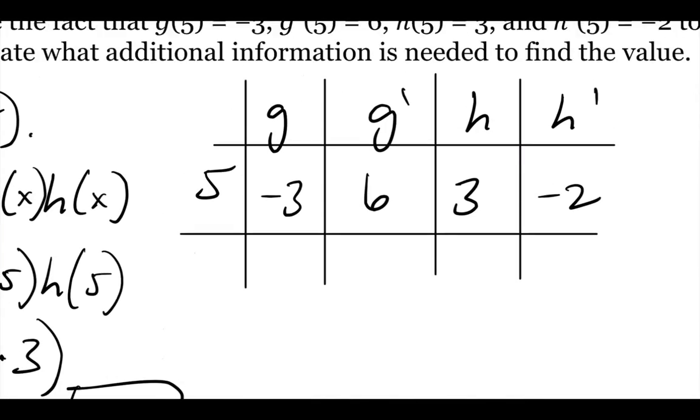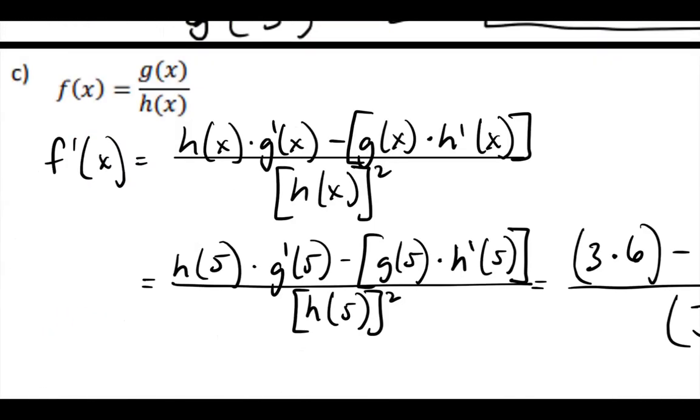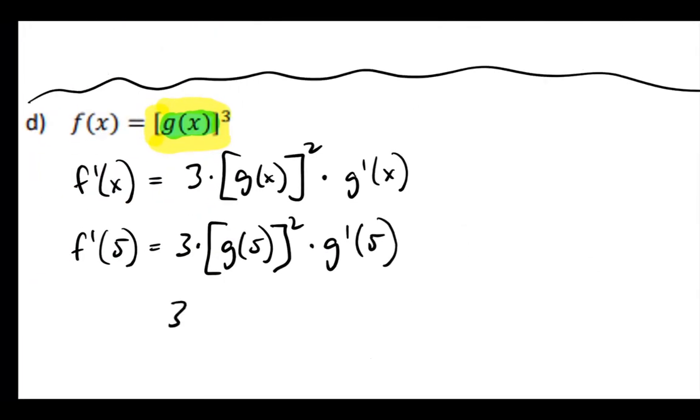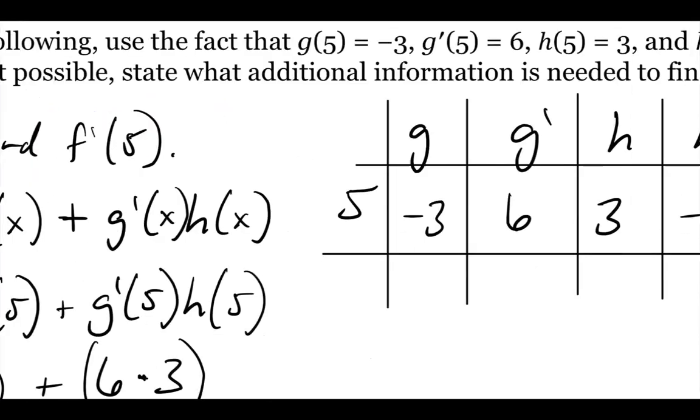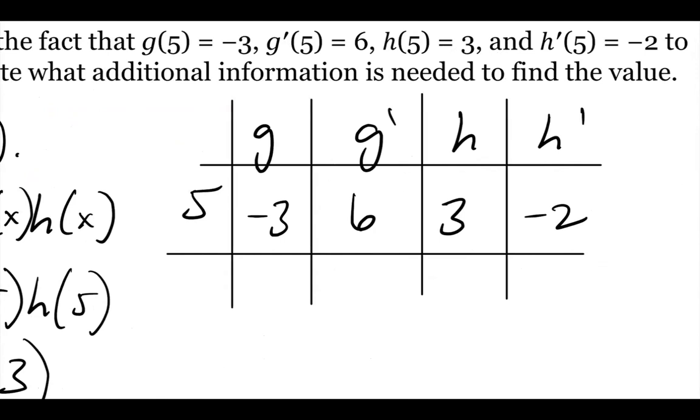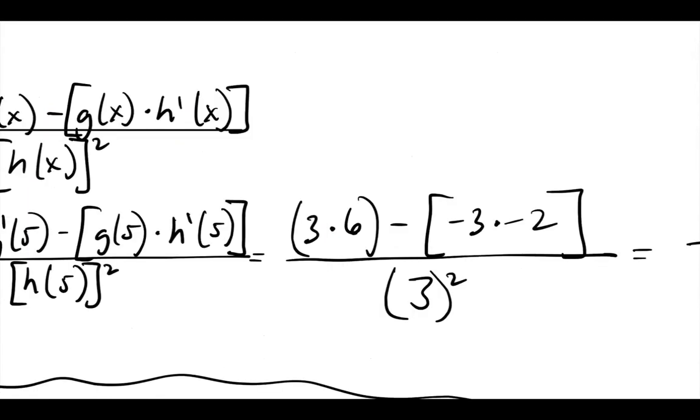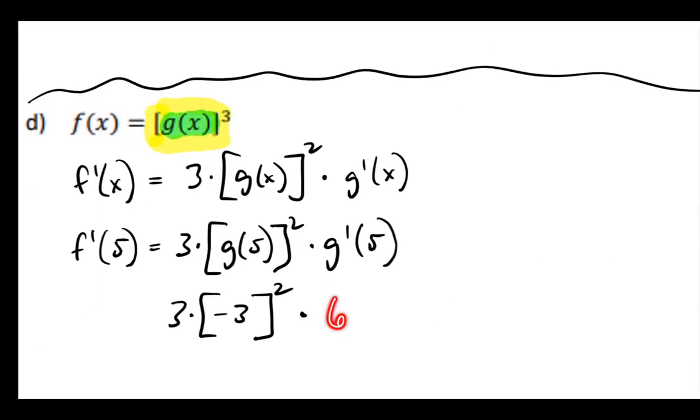So the table, g of 5 is -3. So 3 times -3 squared times g prime of 5. G prime of 5 is 6. So that goes in here as 6.